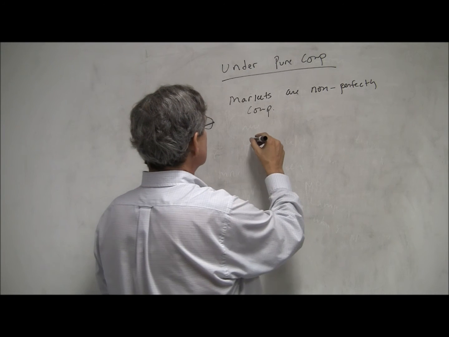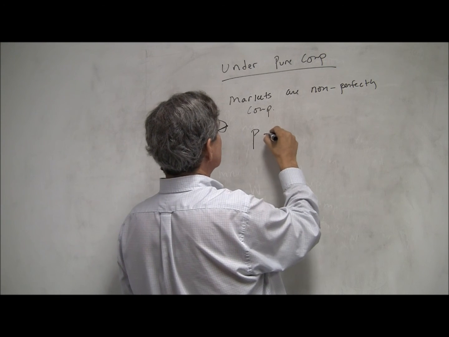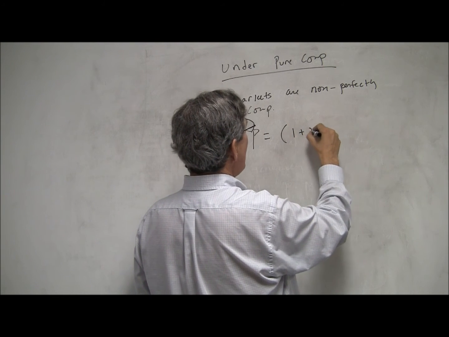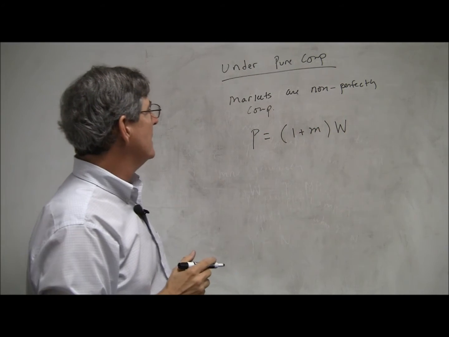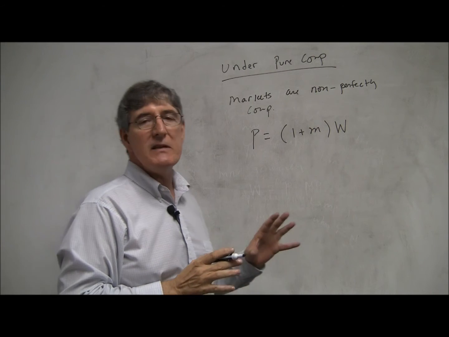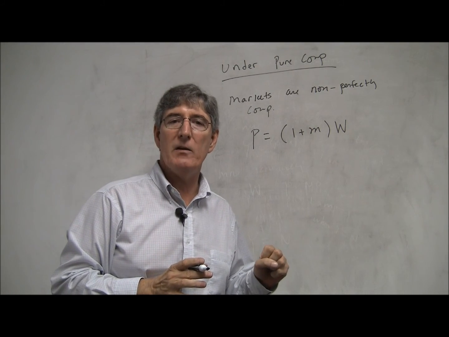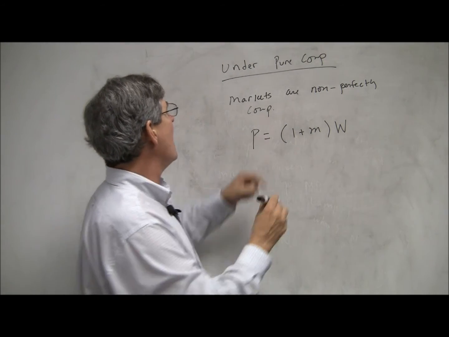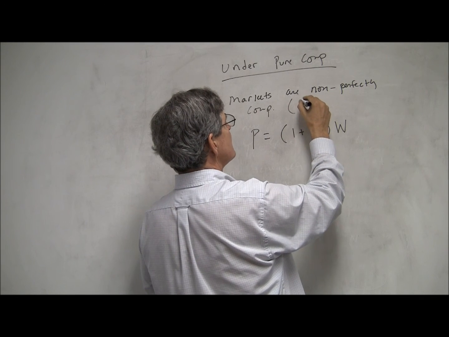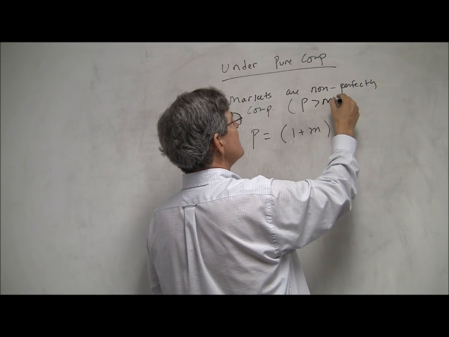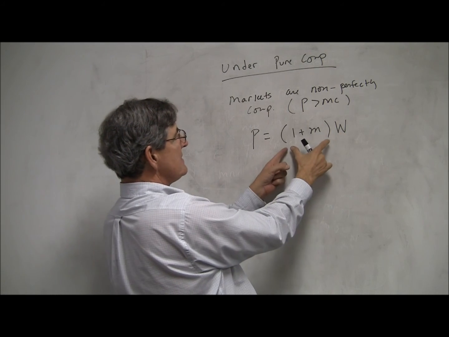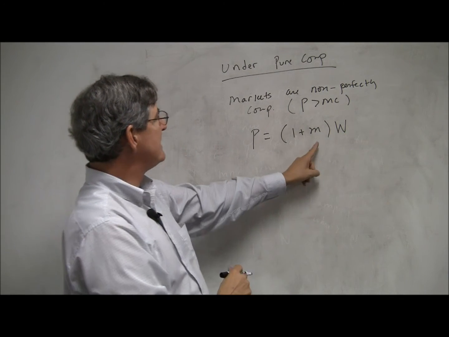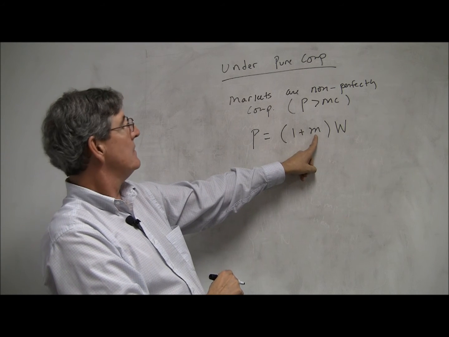So in that case, price is equal to 1 plus M times W. What happens is that price will be greater than marginal cost. So when you have non-competitive labor markets, price is greater than marginal cost. M is positive, and for pure competition, M is 0.